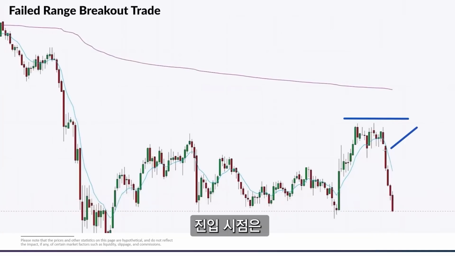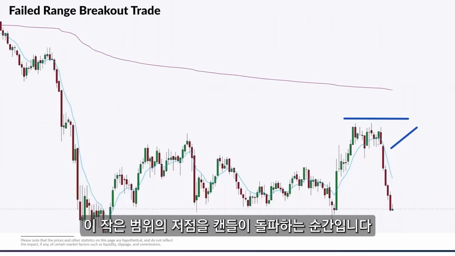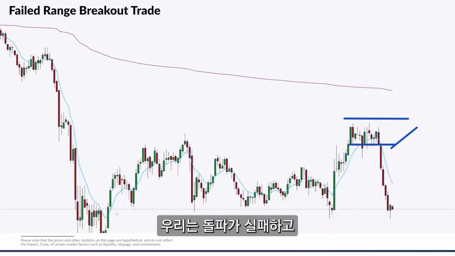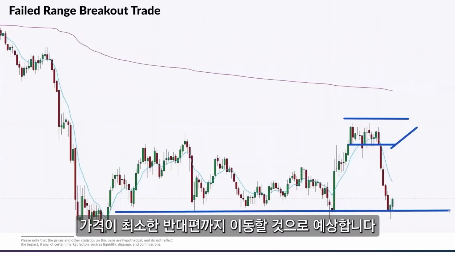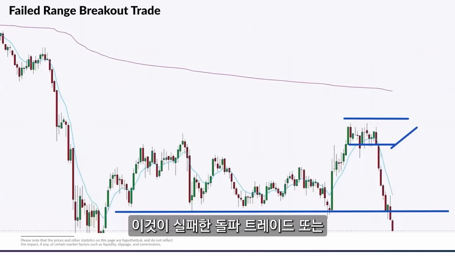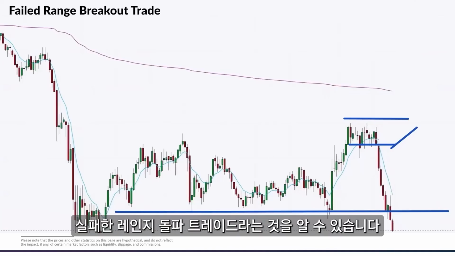Our entry would be as soon as the bar breaks the low of this little tiny range, right? This range is built out. We would be looking for it to fail and then go to the other side of the range at least. And we see how fast it went up and we see how fast it comes down. That's a failed breakout trade or a failed range break trade.